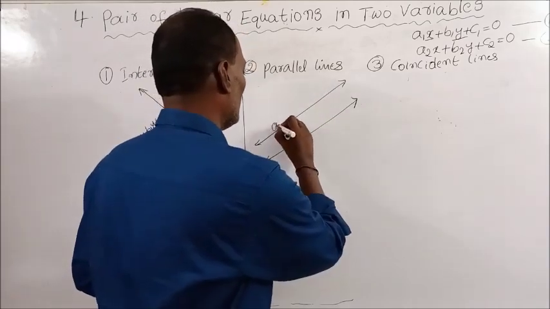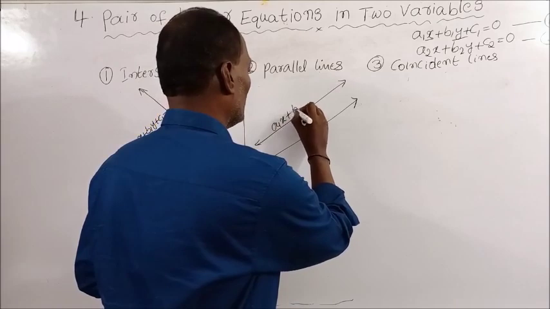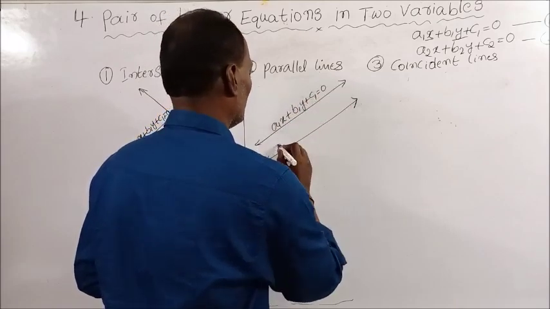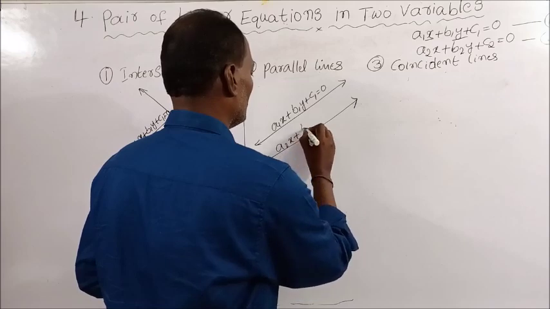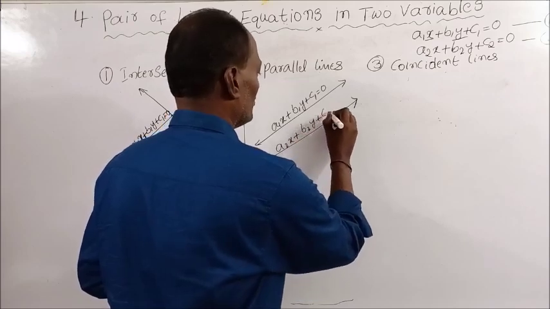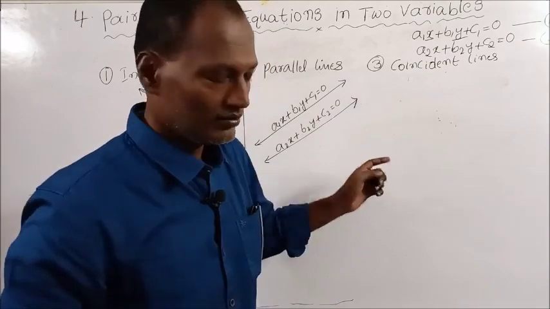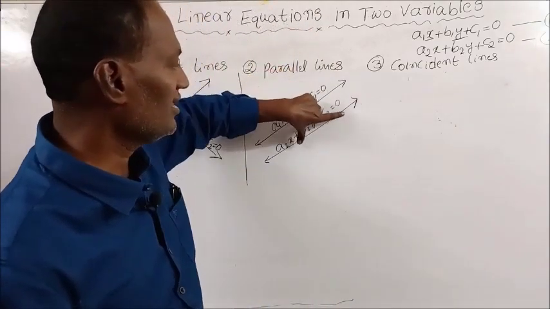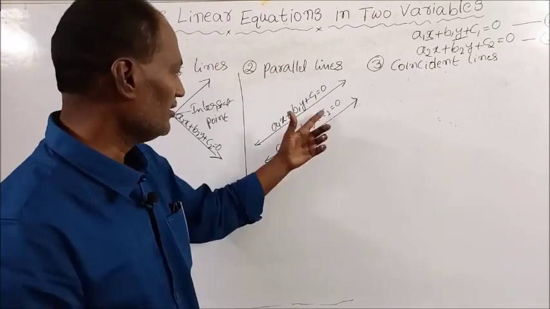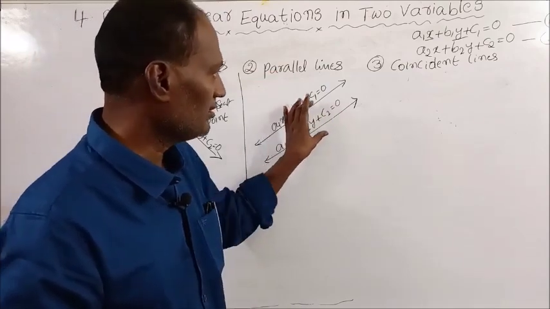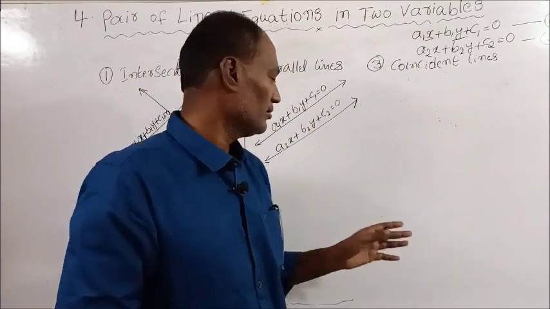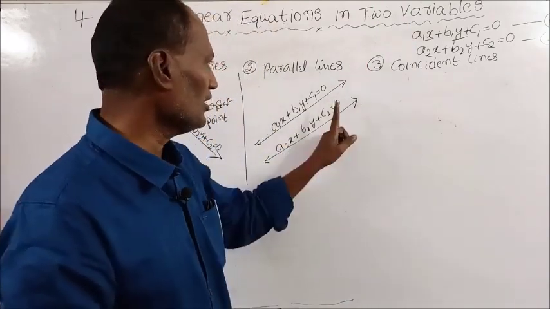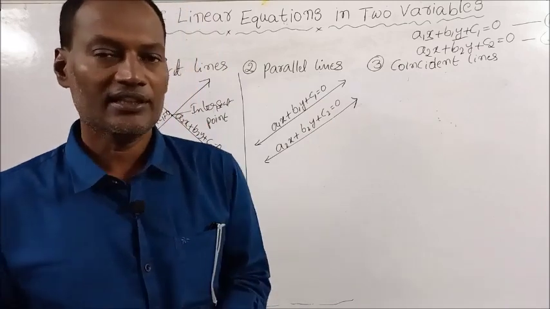This is one linear equation, this is the parallel lines. This is one linear equation, this is the second linear equation. They do not intersect, they are going like this. They do not intersect anywhere. This is one type, parallel linear equations.